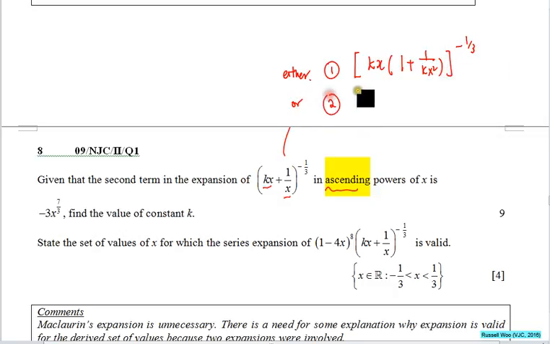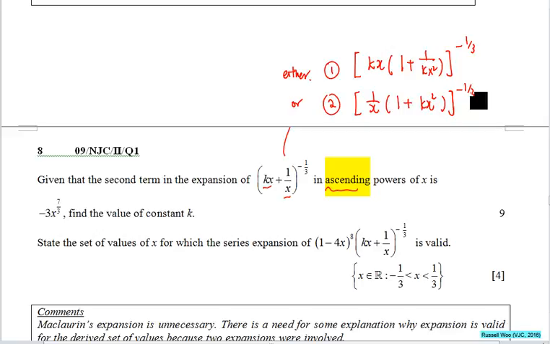Or you factorize the 1 over x out, and then you get 1 plus the kx squared. Now, you can do either of the two, right? Because you want to make use of Maclaurin's or rather your binomial expansion, it must be 1 plus something.